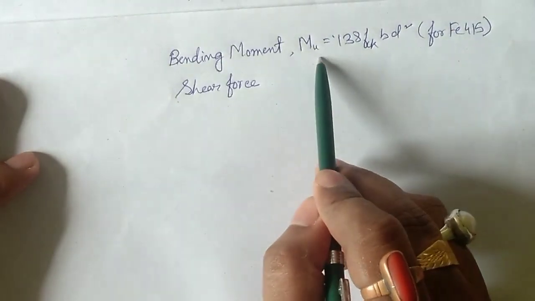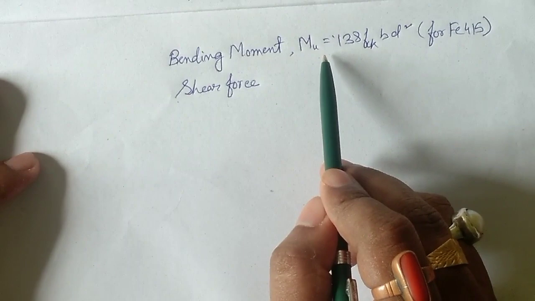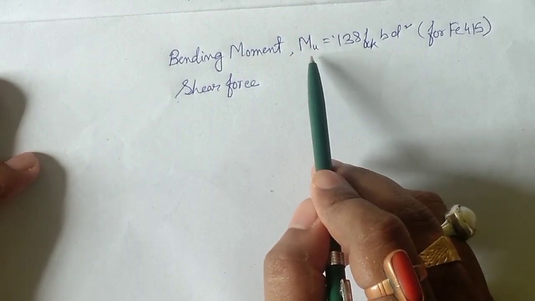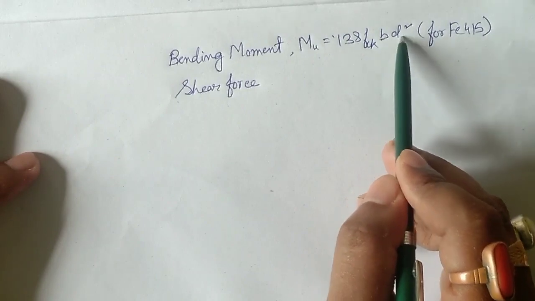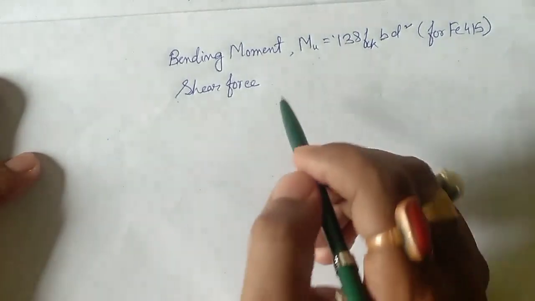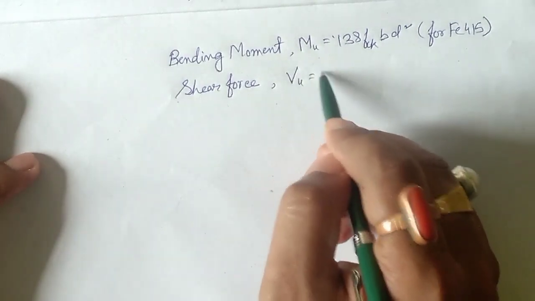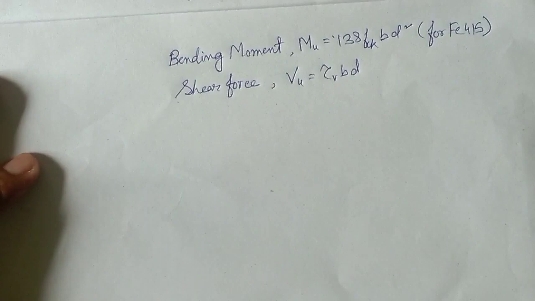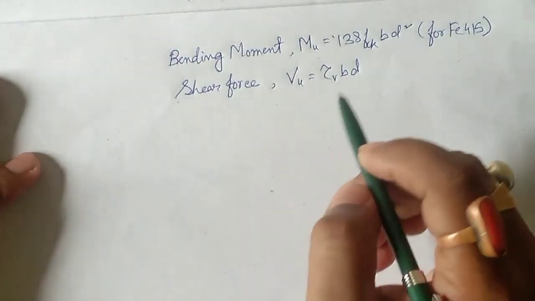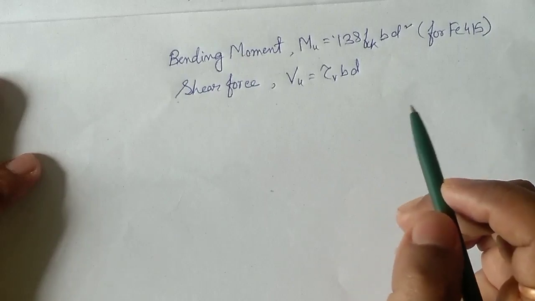This is the ultimate moment or factored moment due to the load acting on the beam, and based on the ultimate moment we calculate the required depth of the beam cross section. Next, the shear force, Vu equal to tau_v b d. Based on this factored shear force, we provide shear reinforcement.